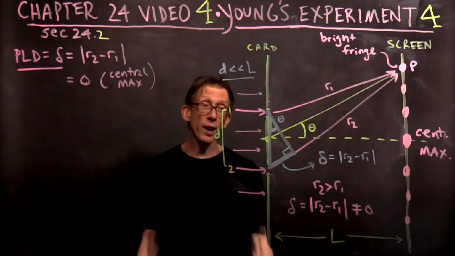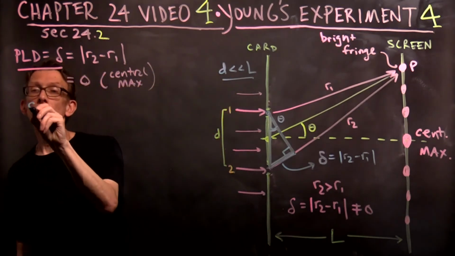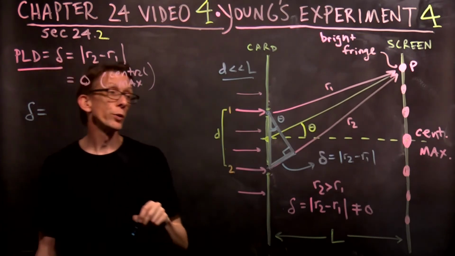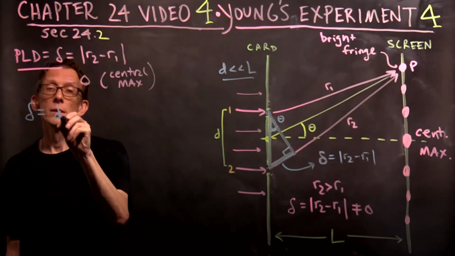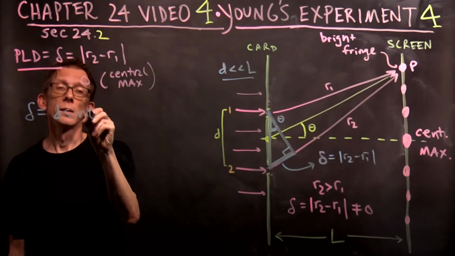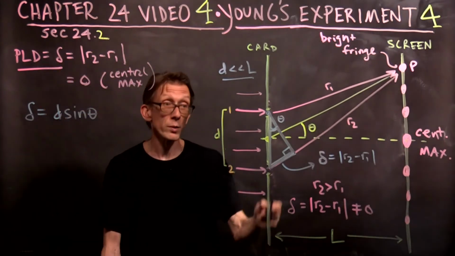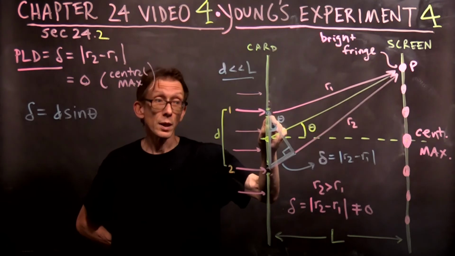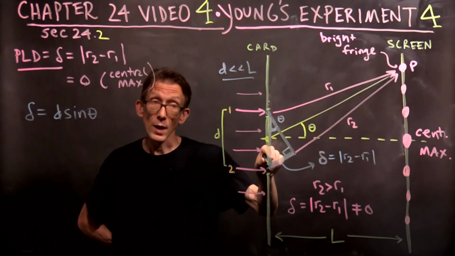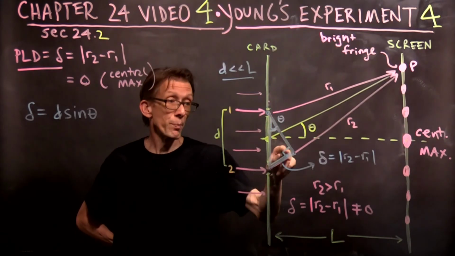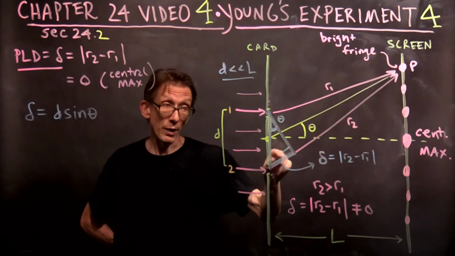And if you look at the triangle, you'll see that delta is equal to D sine theta, right? Because sine is opposite over hypotenuse. Here's theta. The opposite is the path length difference, delta.